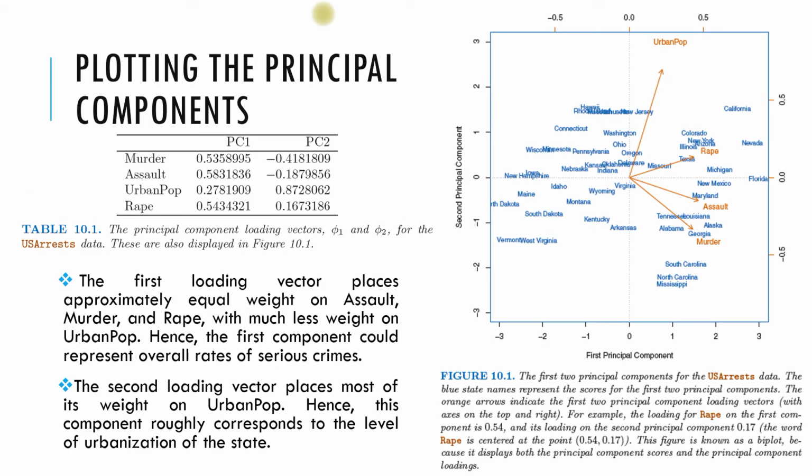Here we have, as I told you, four variables: murder, assault, urban population, and rape. Normally, you won't get only two principal components. You will have three, four principal components here. But the other two are purposely not represented. Why?